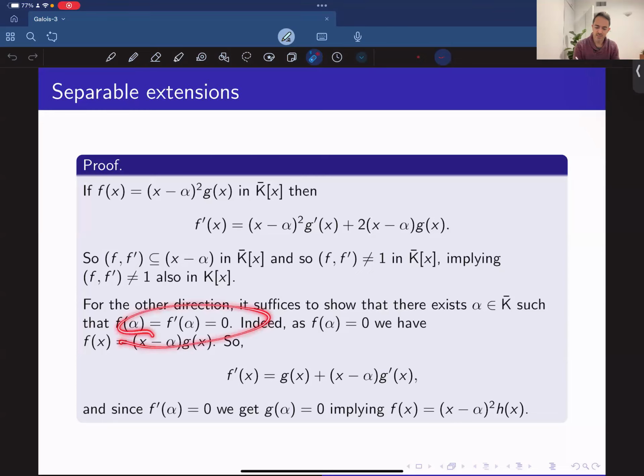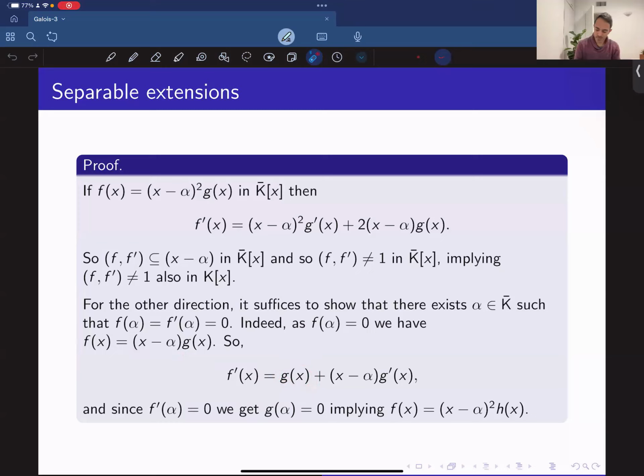First of all we know that f of alpha is 0, and because of that, we know that f of x has a factor of x minus alpha. Now, if I compute the derivative of this, then I get g of x, because the derivative of x minus alpha is 1, plus (x minus alpha) g prime.